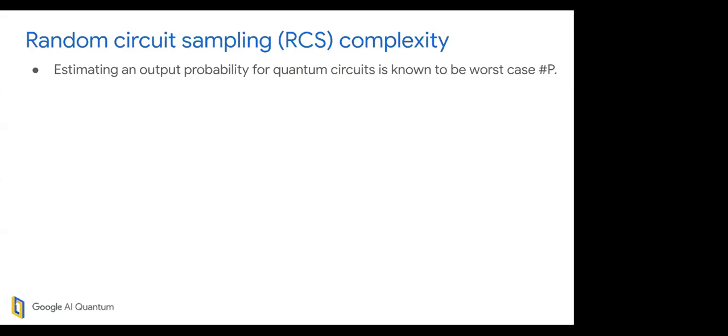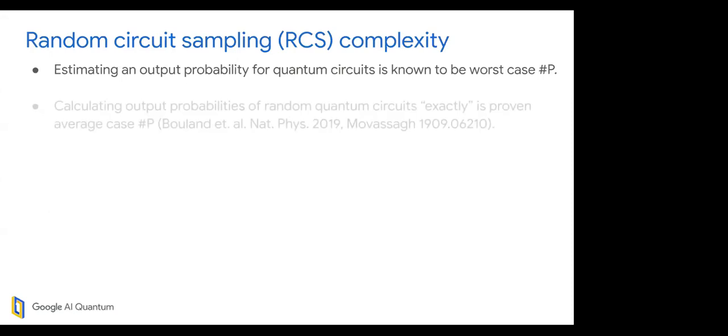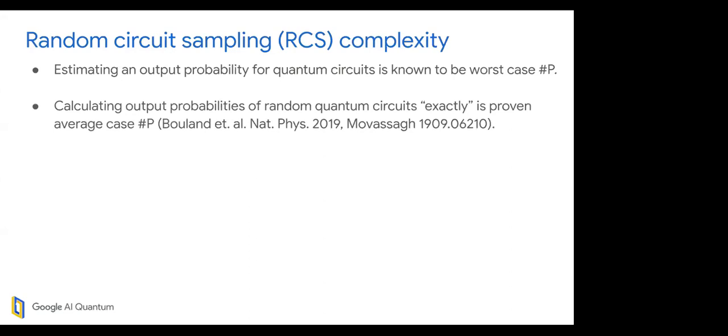Now, worst case is not good enough because you can only estimate typical probabilities. It turns out that it is also known, and this is a more recent result, that calculating probabilities exactly is also #P hard.